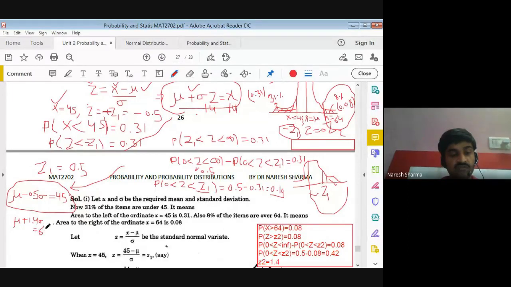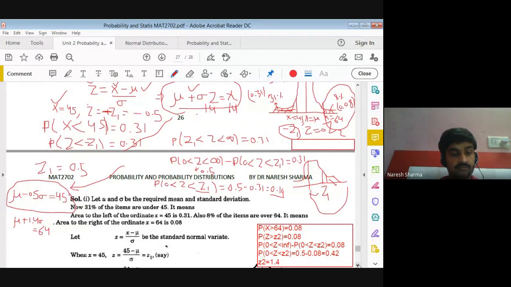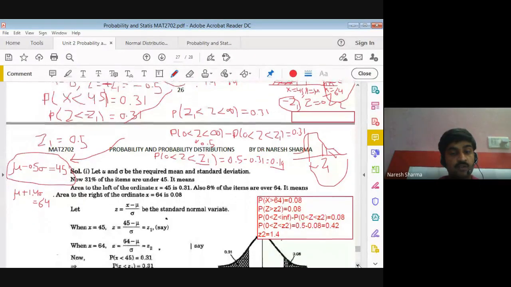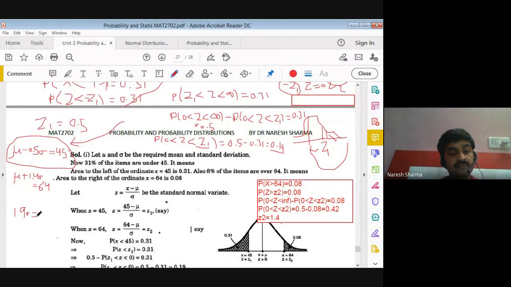Now we have two equations with two unknowns, that is mu and sigma. If we simultaneously solve these two equations, suppose we subtract the second minus the first. So 1.4 minus 0.5 is 1.9 sigma, and here it is 19, I think. And if you divide this, sigma is 10.